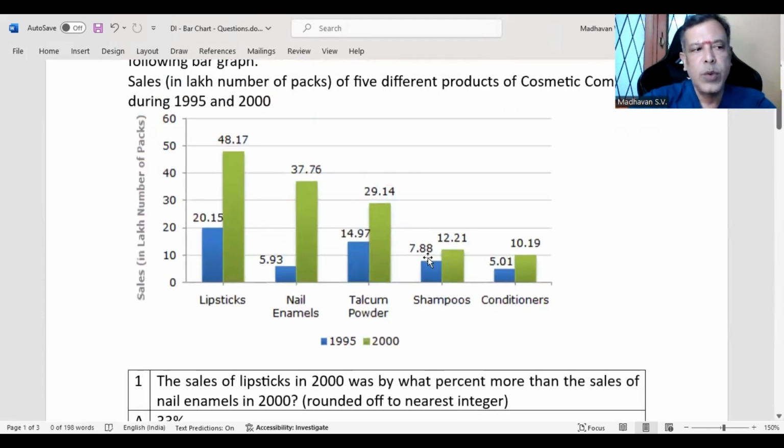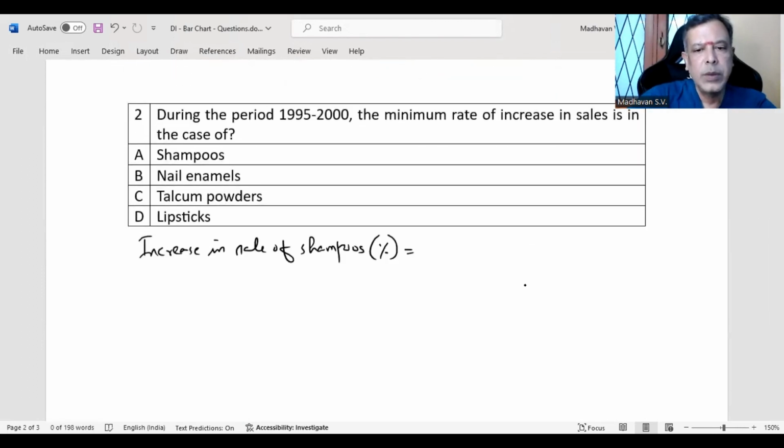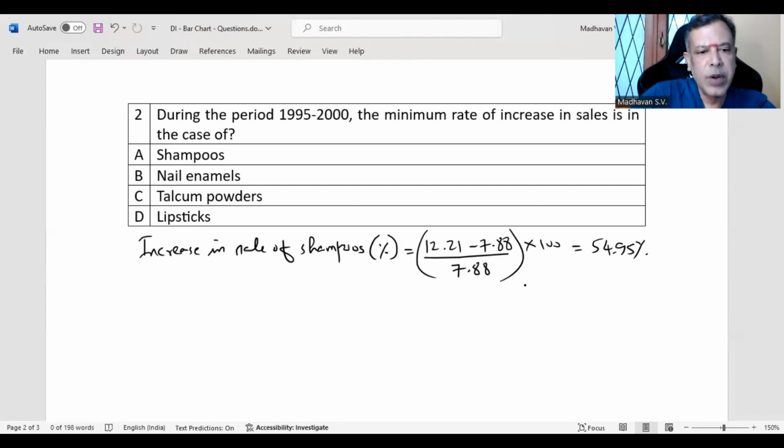Shampoo 12.21 and 7.88. So 12.21 minus 7.88 compared with the 1995 sale, which is 7.88 times 100. We get this one as 54.95%.